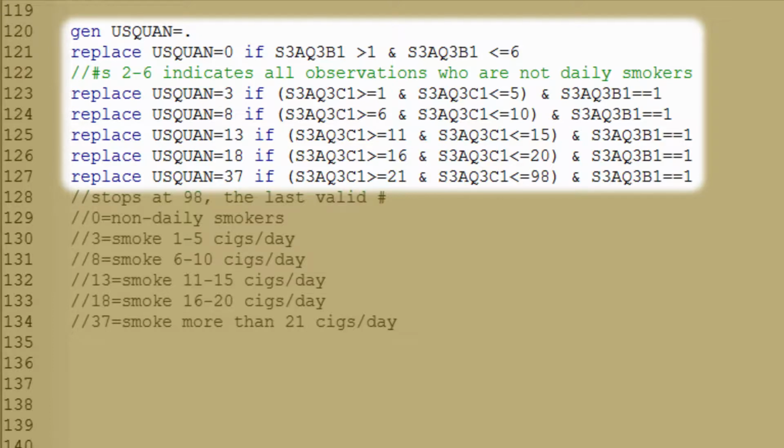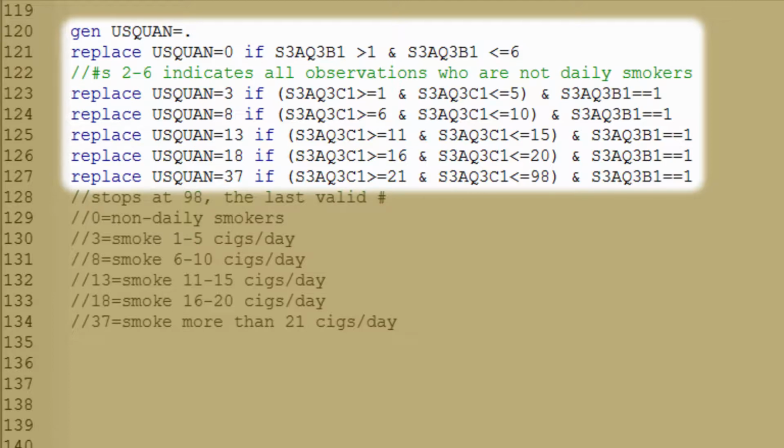Replace US_QUAN = 8 if (S3AQ3C1 >= 6 and S3AQ3C1 <= 10) and S3AQ3B1 == 1.